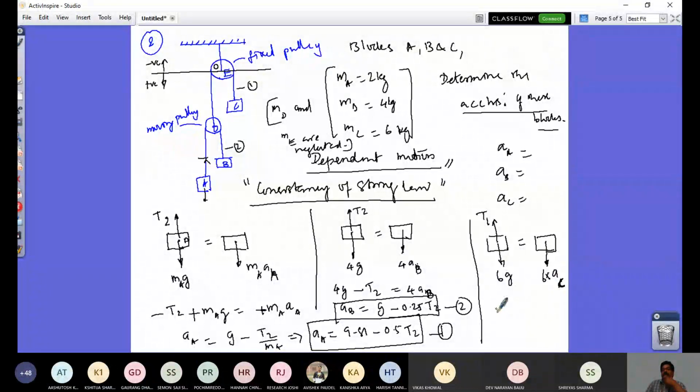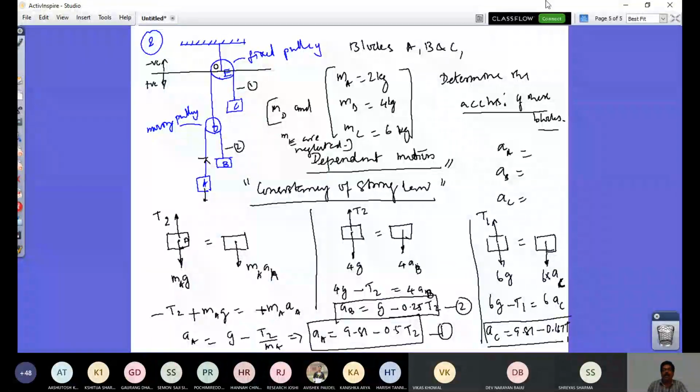When I write the equation 6G minus T1 equals 6AC, I get AC equals 9.81 minus 1 by 6, so 0.167 T1. That's my third equation.